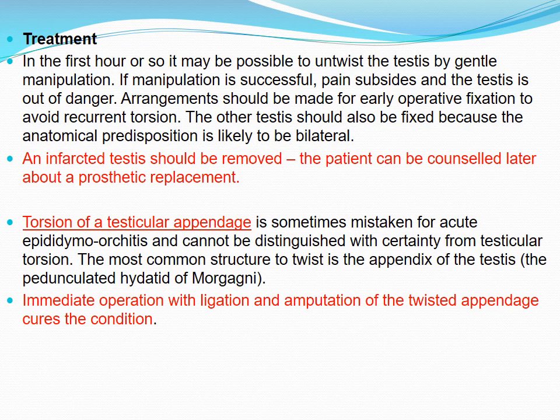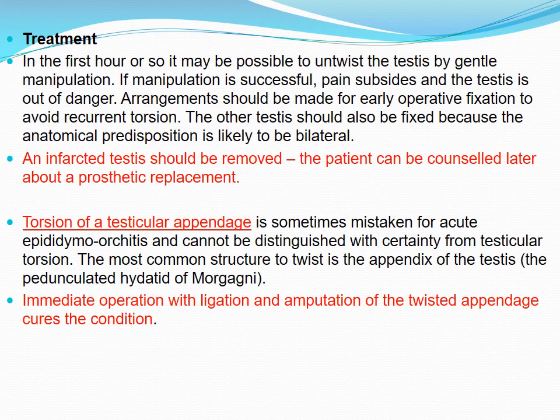The absence of pain lets us feel the testis is out of danger. This is a good sign, and we can arrange an operation to fix the testis to avoid a recurrence of the torsion.